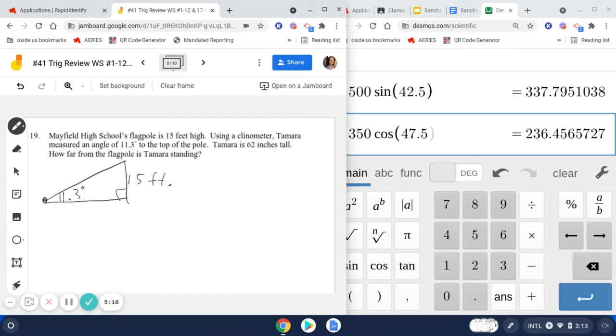How far from the flagpole is she standing? So we're trying to find this distance here. So if they're telling us how tall she is, there's got to be some little distance here of where she's standing.